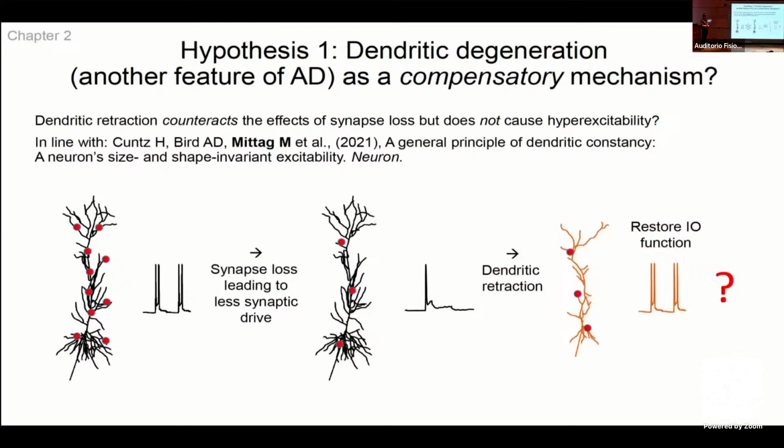Our idea was that the dendritic retraction to shrink the cells is a reaction to this synapse loss, to get back to the same density of synaptic distribution. Then, in line with what we just discussed in the first chapter with dendritic constancy, that would bring up the activity again. So our idea is that dendritic retraction is actually a compensatory mechanism.